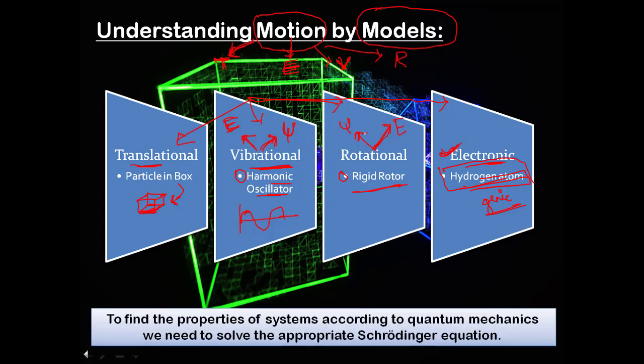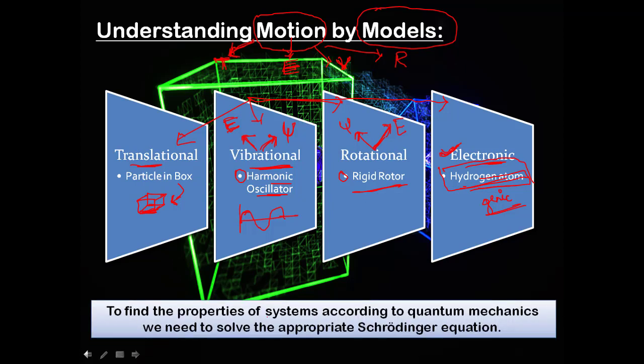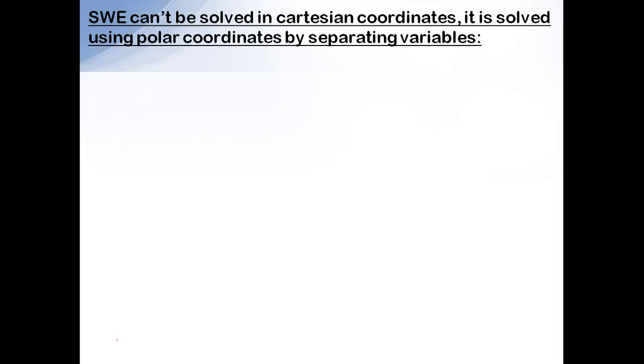Next, to find the properties of a system according to quantum mechanics, we need to solve the appropriate Schrodinger wave equation. This is the important thing that I want to focus on. The Schrodinger wave equation is a differential equation.